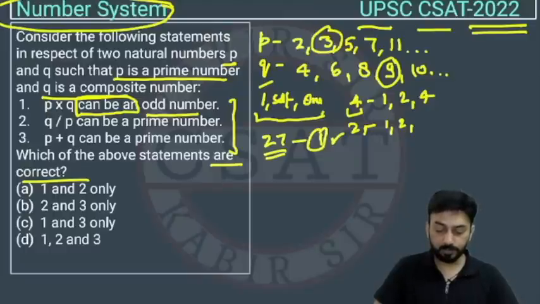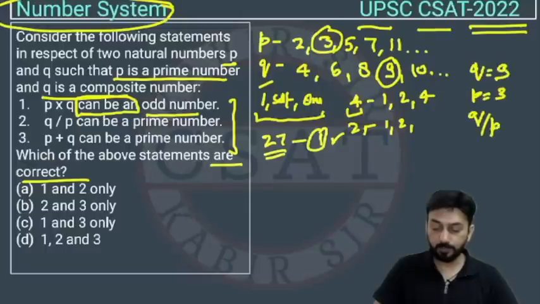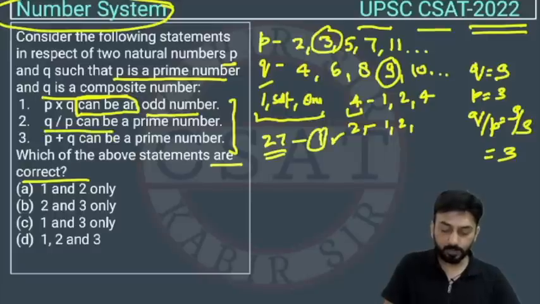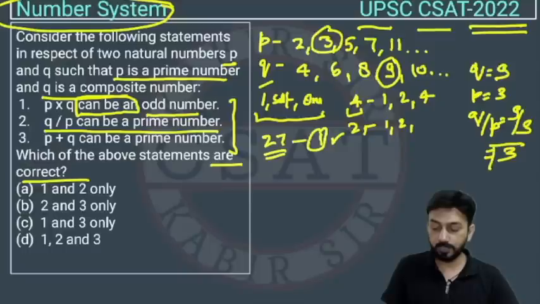So suppose Q की वैल्यू हम चूज करते हैं 9 और P की वैल्यू ले रहे हैं हम 3। So Q upon P, if I will do, this will be 9 upon 3, so this will be 3, ठीक है। So this value can be a prime number, yes, this can be a prime number, okay.